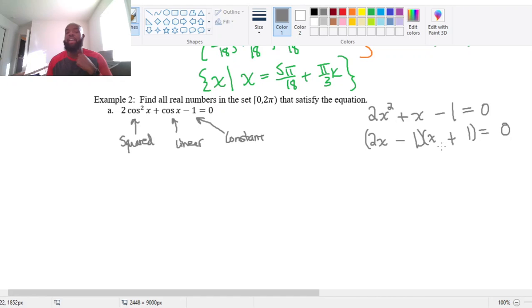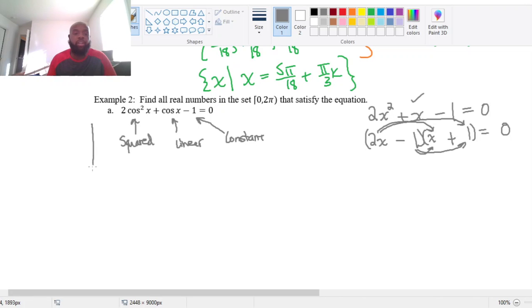If I factor that this way, notice if I multiply this back out, I'm going to get a 2x squared plus 2x minus x, which is that plus x there, and then we'll get that minus 1, right? And so this is the way I factor this. So I'm going to apply that to this quadratic trigonometric equation, but I'm going to replace the x with cosine of x.